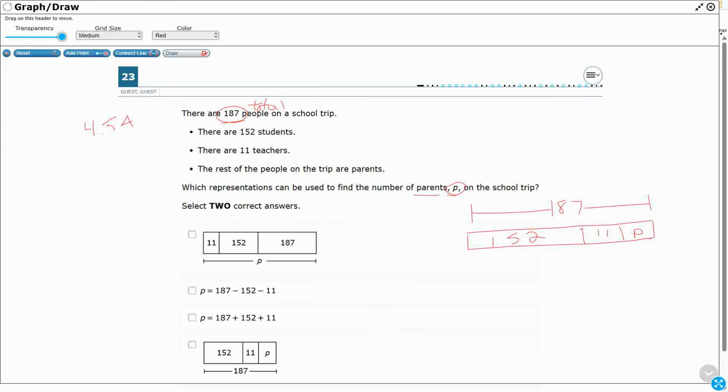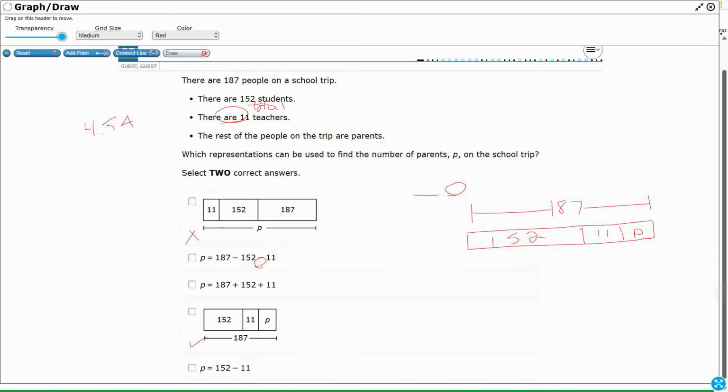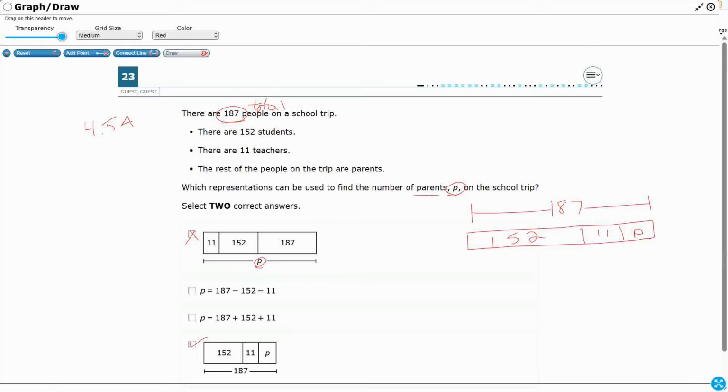And so which ones are going to be correct? Well, you see this P is not the number of parents. That'd be a lot of parents, so that's not going to work here. And I can say if I'm looking for P, how could I find it? Well, I could find it right here. You see, this one works right here. Let's go and scroll down and make sure I'm not missing one. Yeah, that doesn't even include the 187. So it's not that final one, so I need to choose one of these. If I want to find P, well, this one I'm actually solving for P here, right?